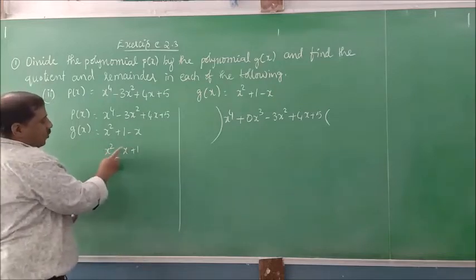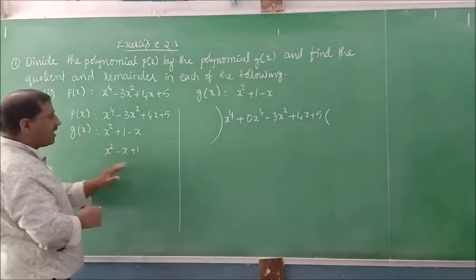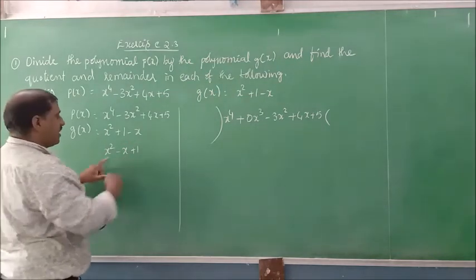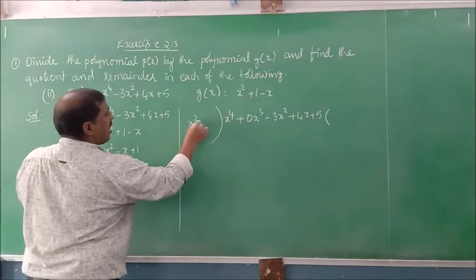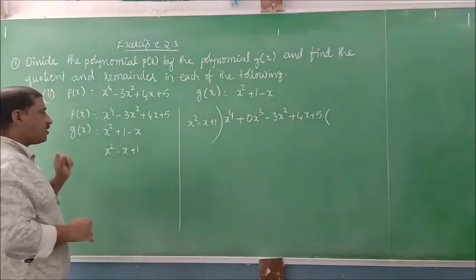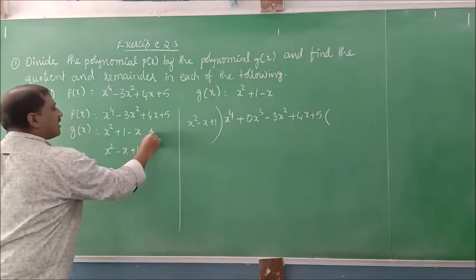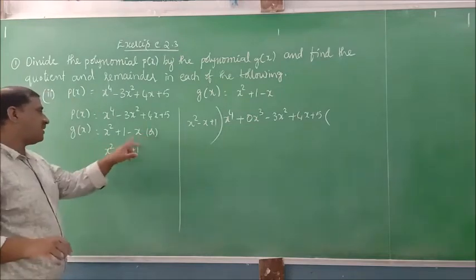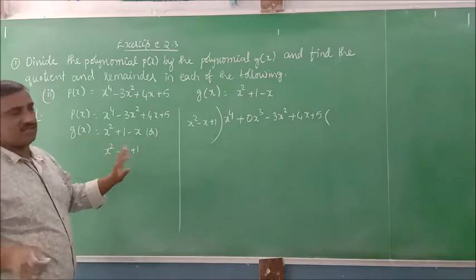Now 2, 1 and 0. It is in the decreasing order of their powers. That is, x square minus x plus 1 is the divisor. So we need to write it by regrouping the terms, and we get x square minus x plus 1.